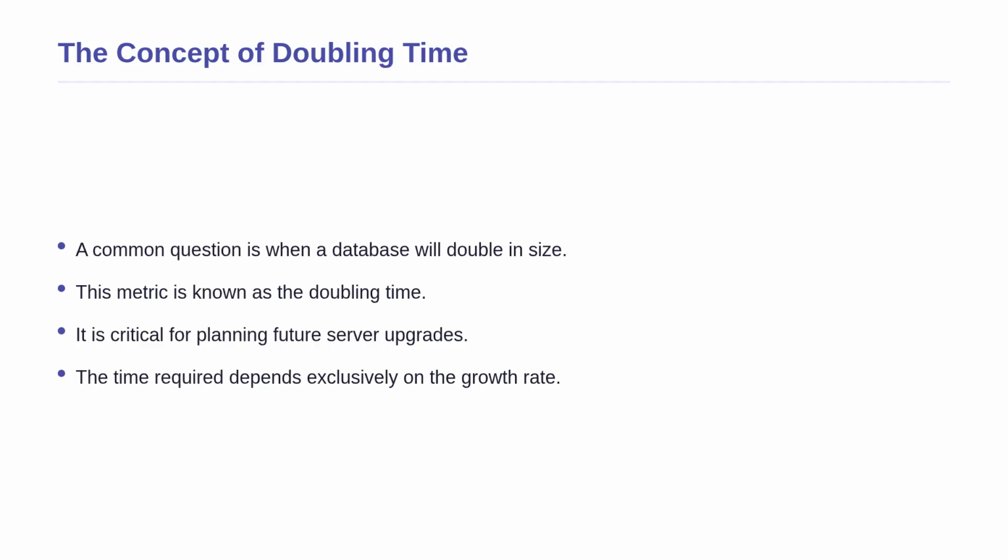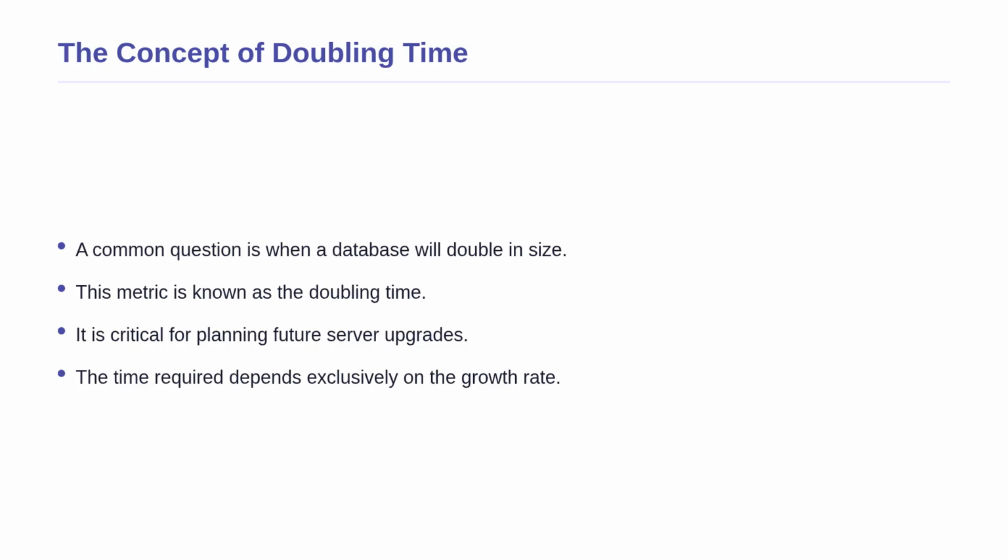Having seen how to calculate future size, we often need to answer a more specific question for capacity planning. A very common question in computational biology is how long it will take for a database to become twice as large as it is today. This specific time period is known as the doubling time.